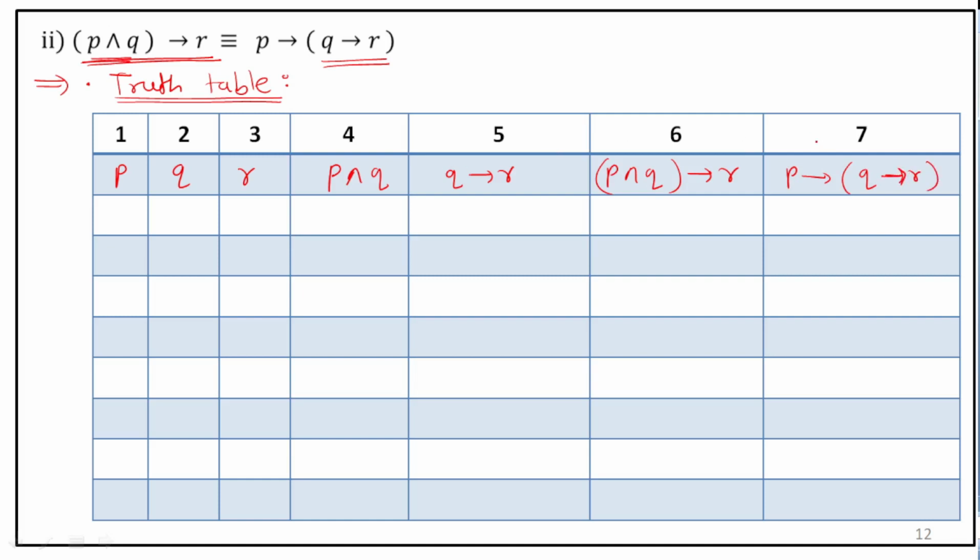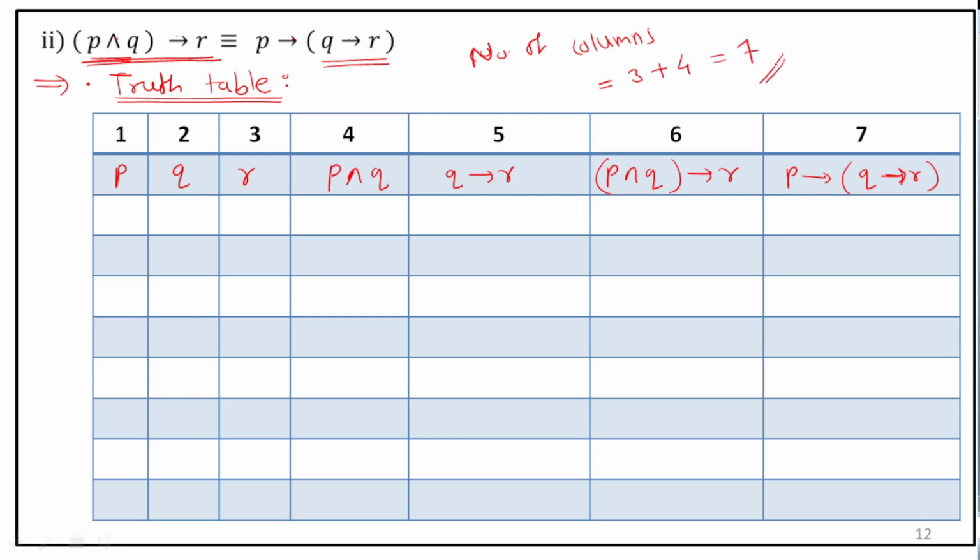Here, the total number of columns in the truth table is the number of statements, that is 3, and the number of connectives, first, second, third and fourth, so a total of 7.